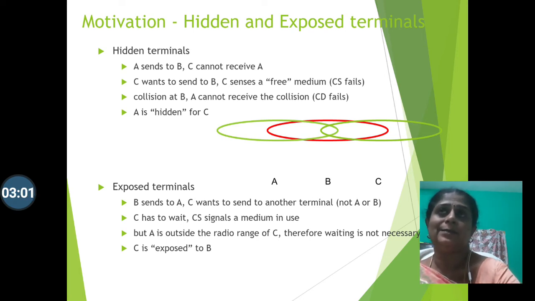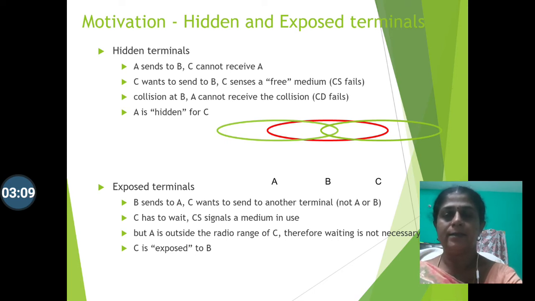Suppose there are three terminals A, B and C. A and B are in range, meaning A can hear B and B can hear A. Again B and C are in range, so B can hear C and C can hear B. But A and C are out of range, which means A cannot hear C and C cannot hear A, because the signal strength decreases proportionally to the square of its distance in a wireless scenario. So A is not audible to C and C is not audible to A.